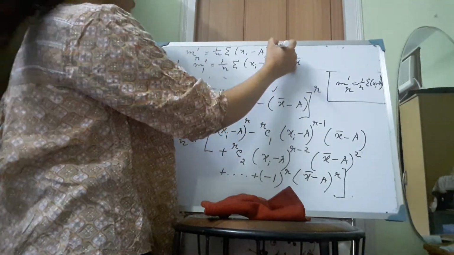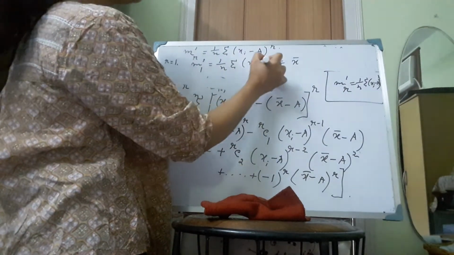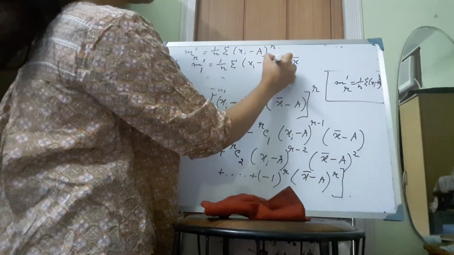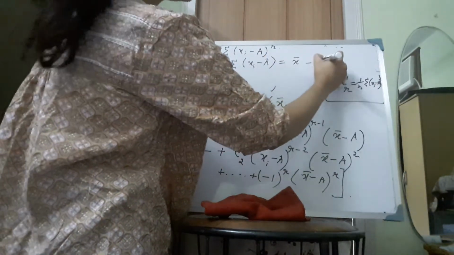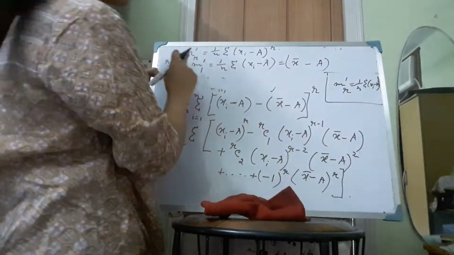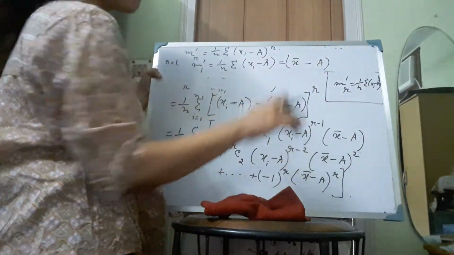So in place of r, we are putting the value 1. So this will be xi minus a within the summation, and from there we will get x bar minus a. So what we got, m1 dash or m1 prime is equal to x bar minus a.